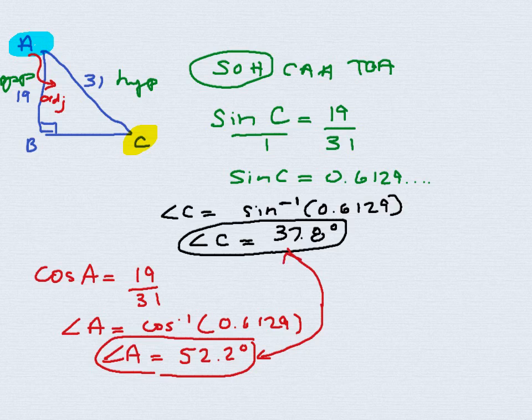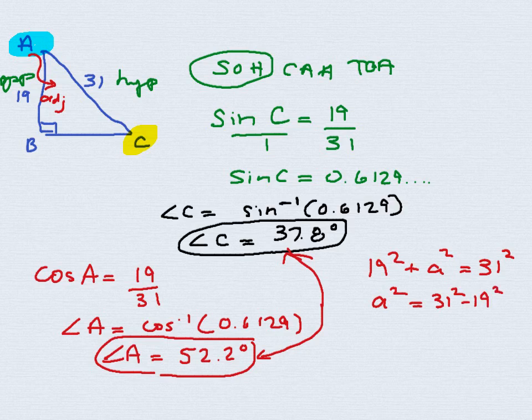To find the third side of a triangle when you're given two sides straight up right from the beginning, the only way you're going to want to do that is by Pythagoras. So 19 squared plus side A squared is going to equal 31 squared. And then rearrange. So that side BC, or side A, is going to be 31 squared minus 19 squared.